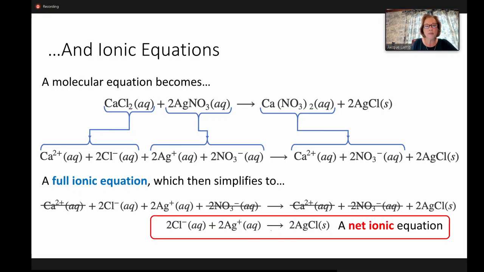A true balanced equation is lowest whole number ratios, so those twos would disappear technically in the net ionic equation. The net ionic equation is simply the reaction between the silver ion and the chloride ion forming silver chloride.